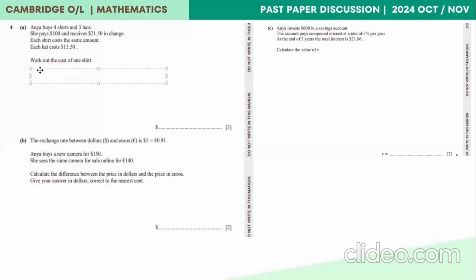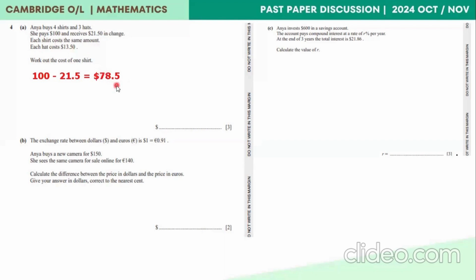So firstly, we can find the total price that went for the clothes by doing 100 minus 21.5. That would be equal to $78.5. So why did I do 100 minus 21.5? She paid a total of $100 for these clothes and she received change as 21.5.